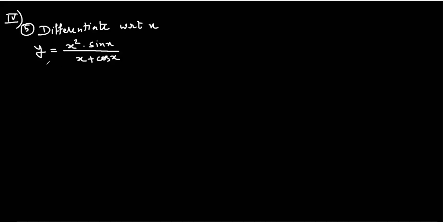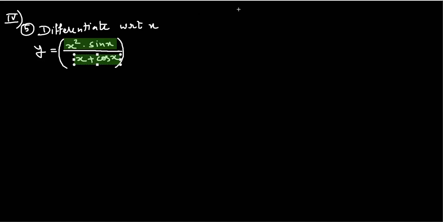Now we have another problem on derivative where we have to differentiate a function of x which is going to be solved by using quotient rule, that is u upon v. So you can check here, students, that in numerator we have got u, and the denominator here we have, which I will call v.